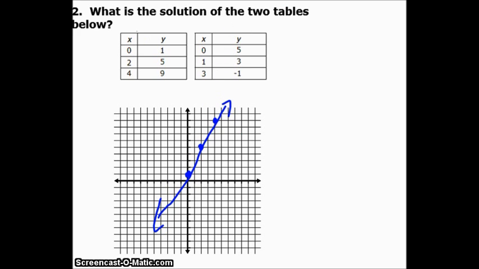And then 0, 5, 1, 3, and 3, negative 1. Okay, and the point of intersection appears to be right there, which was the point 1, 3. So that's my solution.